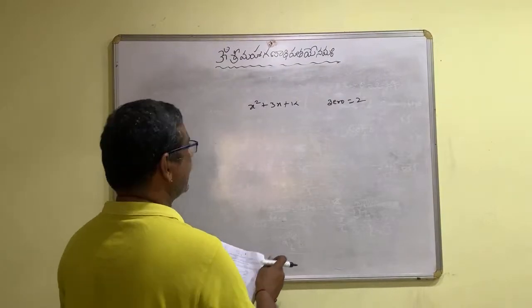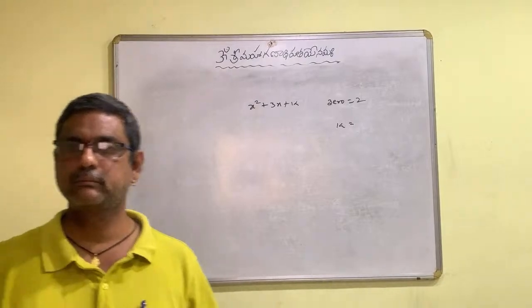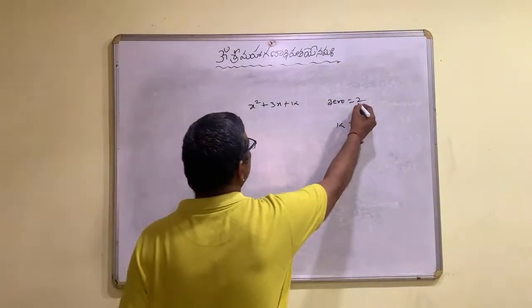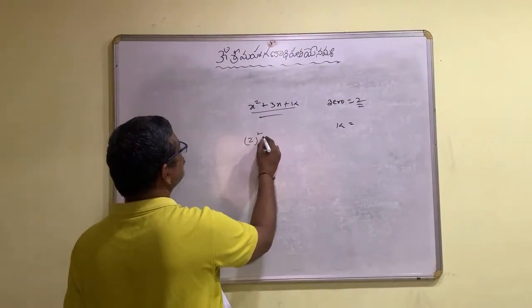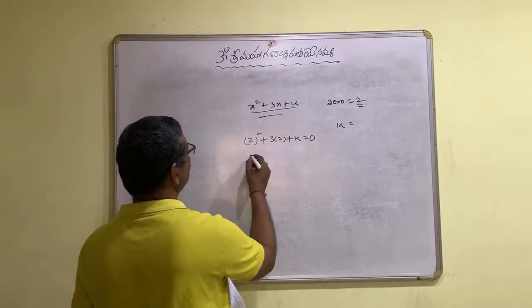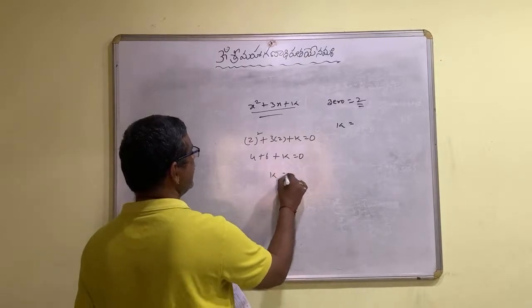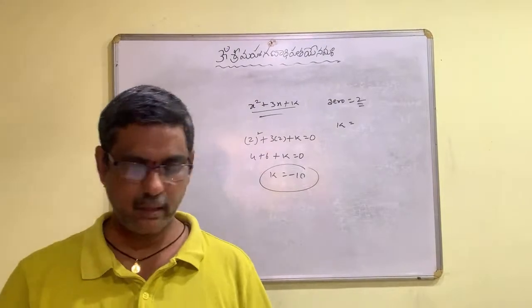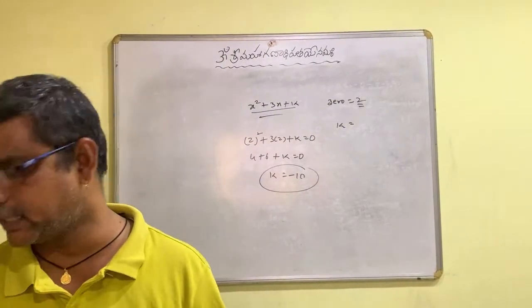Then find the value of k. How to find the k value? Given that 2 is a zero of this polynomial, just insert it. 2 square plus 3 into 2 plus k is equal to 0. 4 plus 6 plus k is 0. k is negative 10. Okay, children?